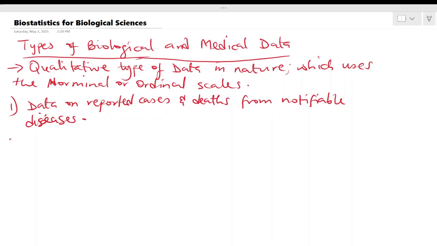So point number two in types of data collected, we have morbidity data.